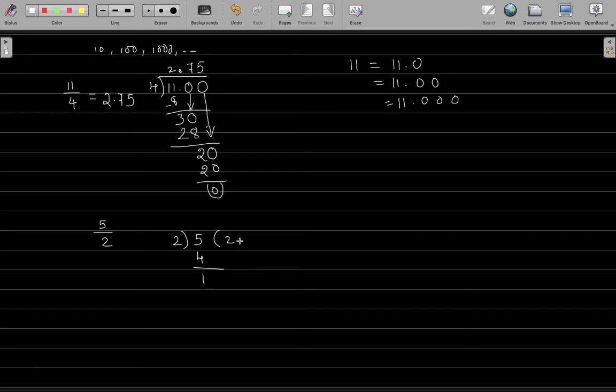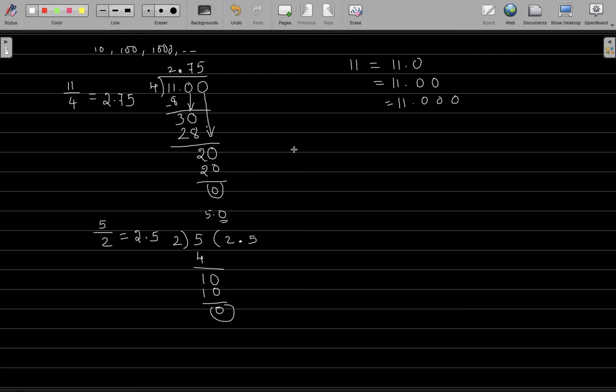What we do, we just add a decimal point here, so that if I imagine 5 as 5.0, I'll bring down this 0 here, making it a 10. Now with one decimal point you can add a 0 to the remainder. 2 times 5 gives you 10, leaving you with a remainder 0. Now I got a 0 remainder, so I can say 5 by 2 is 2.5.